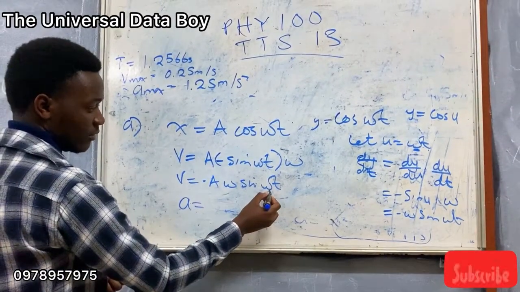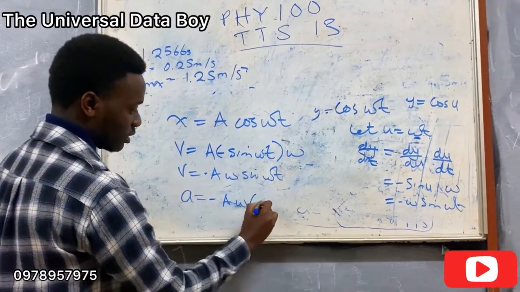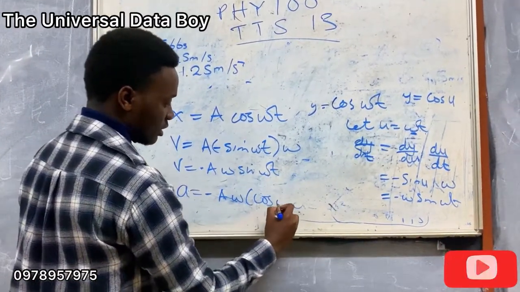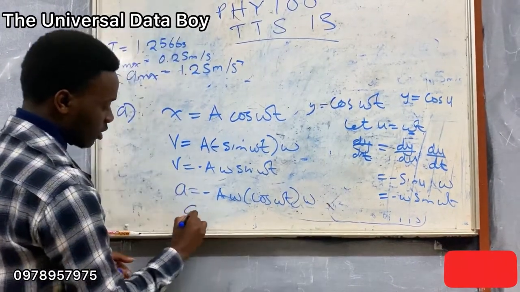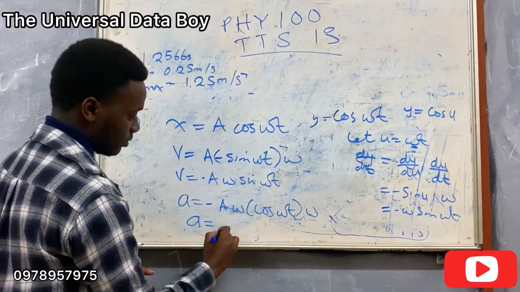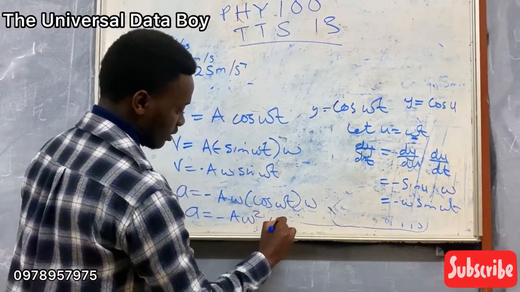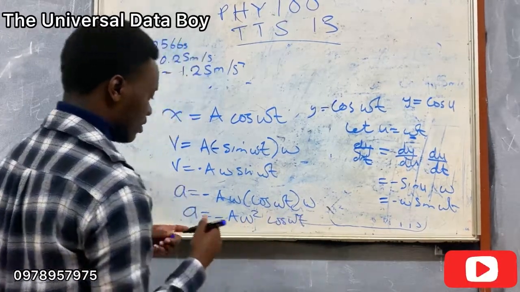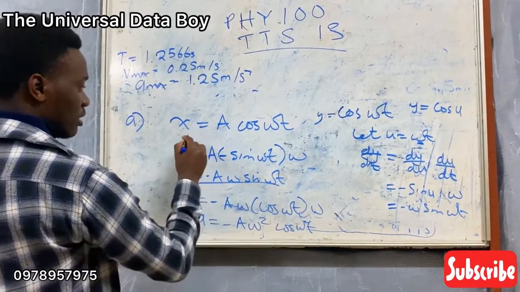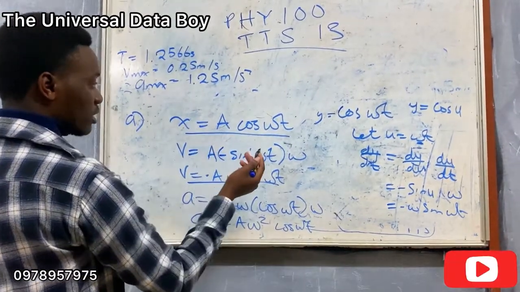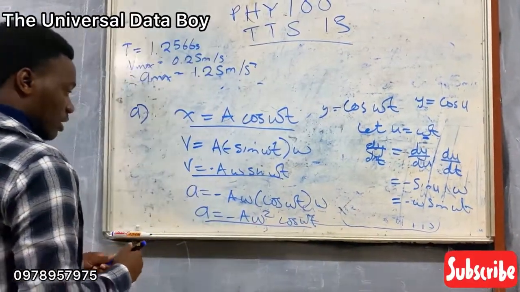When you find the derivative of this one, it's just cos, because what's inside still remains. Then outside I've got our w, this one times that one, so we have a being equal to negative A w squared cosine wt. So this is the velocity as a function of time, this is the displacement or simply the position as a function of time, and this is the acceleration as a function of time.